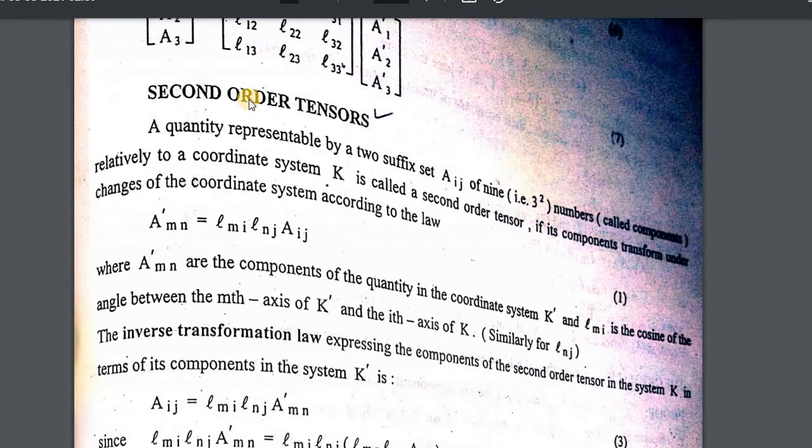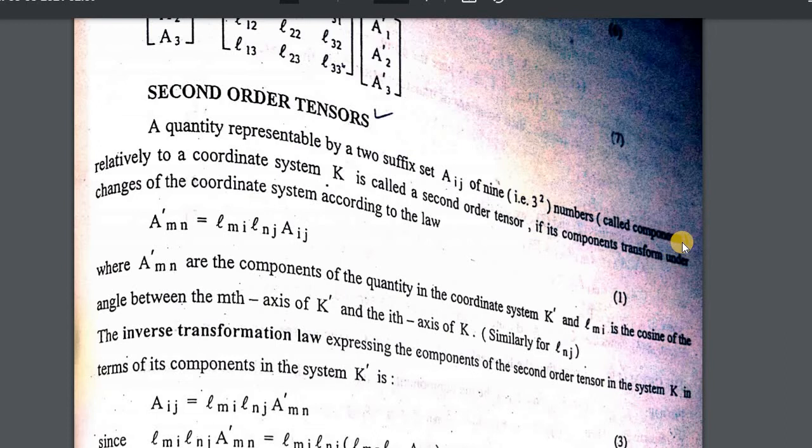Now our second definition is the second order tensor. What is a second order tensor? If the index is not 1, meaning the number of indices is 2, then this is called a second order tensor, a quantity represented by the two-suffix set a_ij. If the value of n is equal to 2, then 3 raised to the power n is 3 raised to the power 2, which is equal to 9.